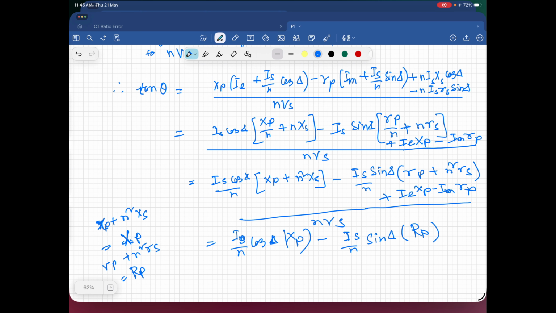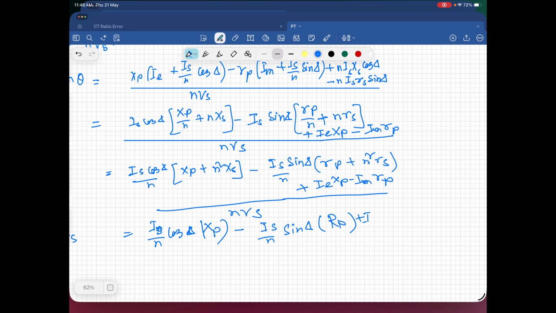Since theta is very small, so theta is equal to tan theta. So now the final expression, theta is equal to Is by n Xp cos delta minus Rp sin delta plus Ie Xp plus Im Rp by N Bs.